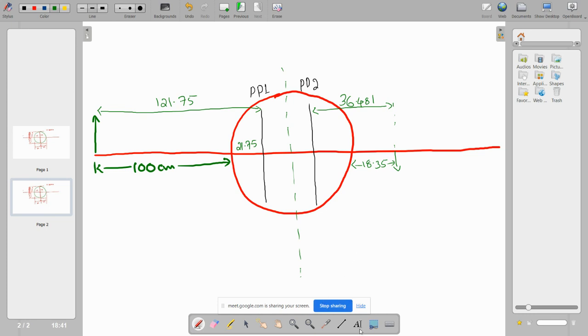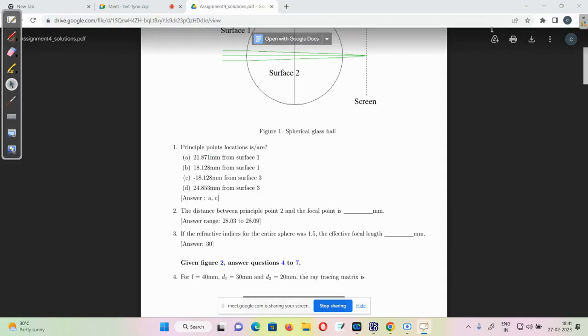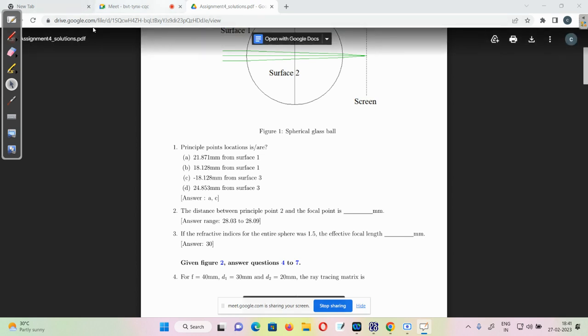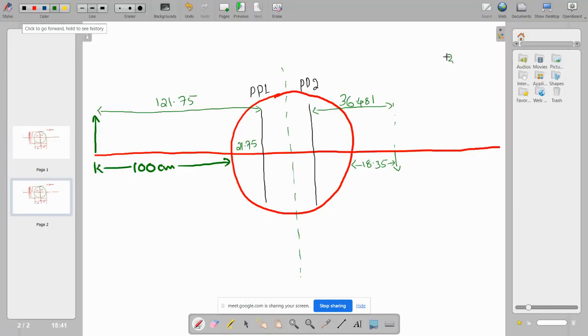And minus 18.128 from surface 3. So 36.48 minus 18.35 will be, and this is the other side, so it's minus 18.13.